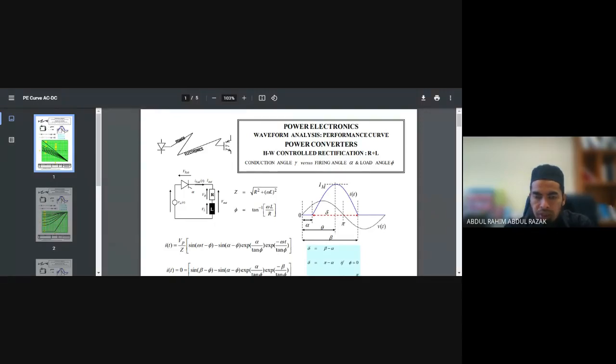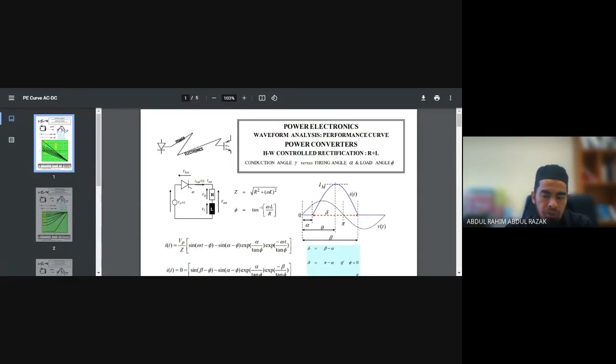Okay, once you get this kind of circuit, the most important parameters that you have to calculate upfront are your impedance, which is Z, which combines the resistive plus inductive elements with the effect of your frequency.